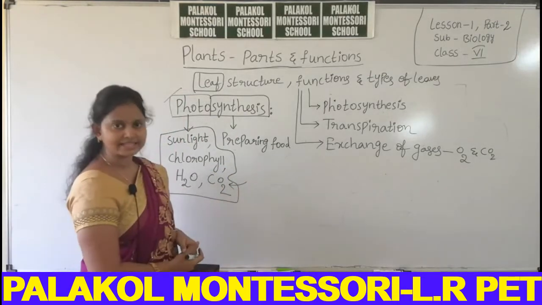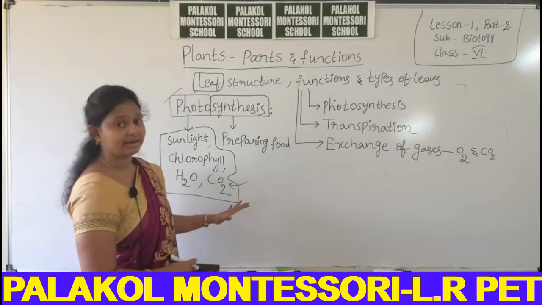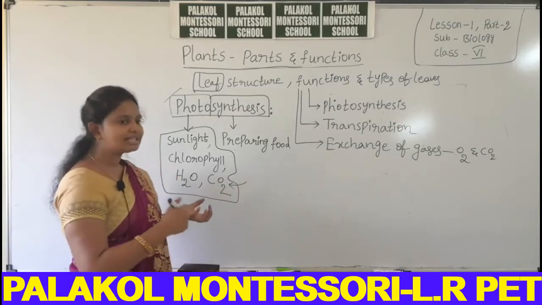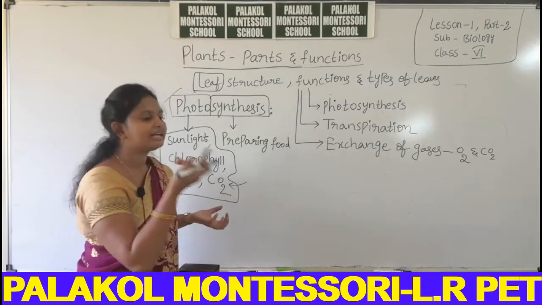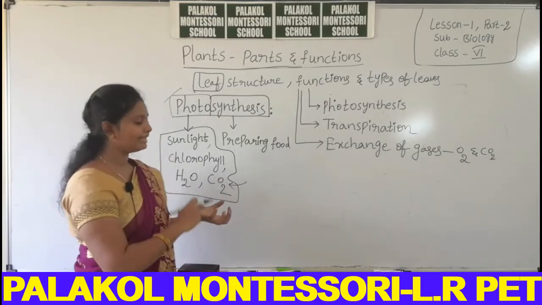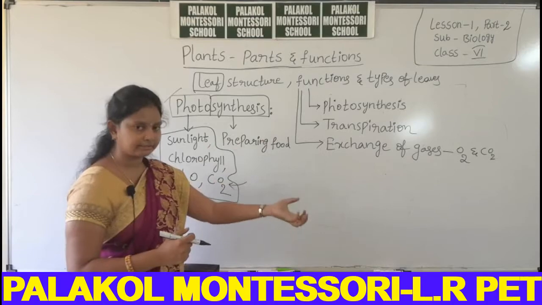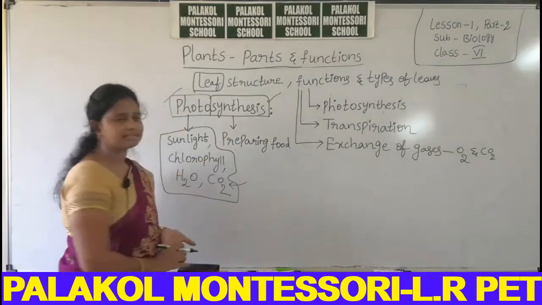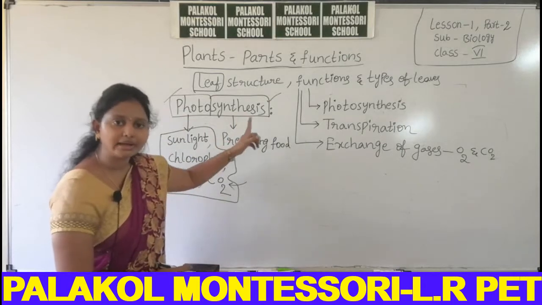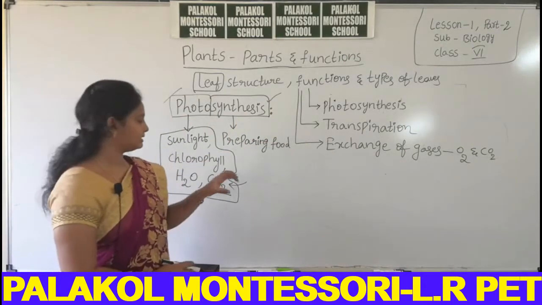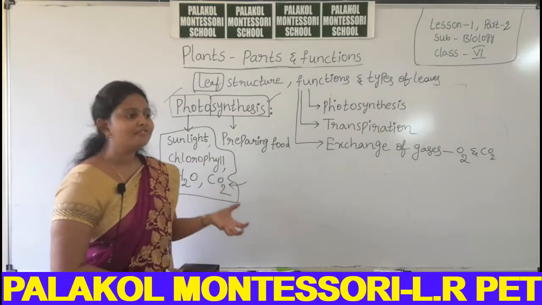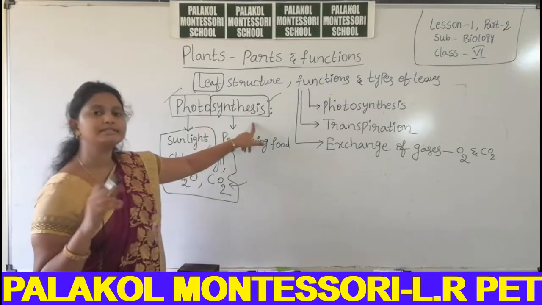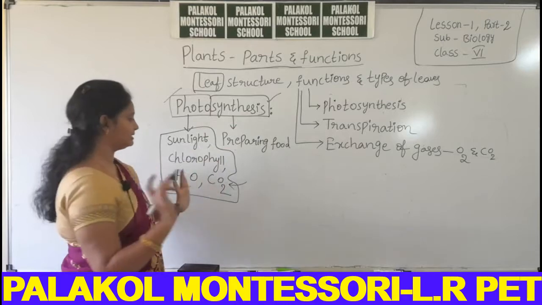There must be a reason here. Why? Because the plant body takes up the CO2 which is released by us. Why? Because to do photosynthesis. CO2 is needed by the plant body for what? Photosynthesis mechanism. Okay, is it clear?